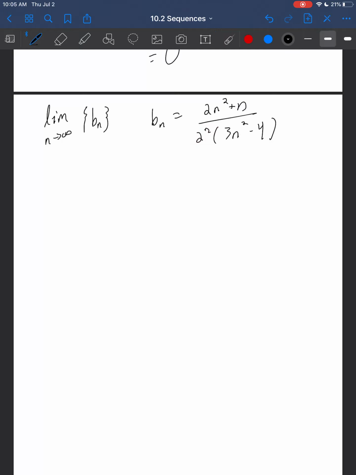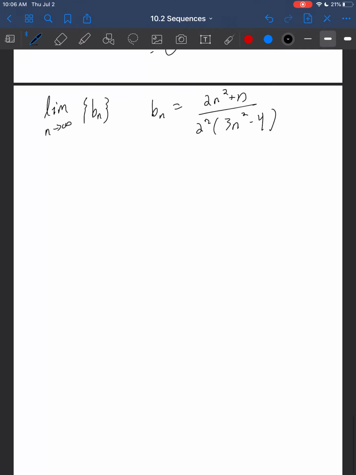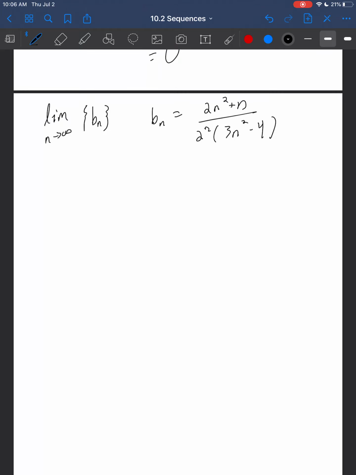And so this is going to be how we deal with this sequence: we're going to split this up based on this 2 to the n here, and then we are going to use geometric sequences in order to calculate.